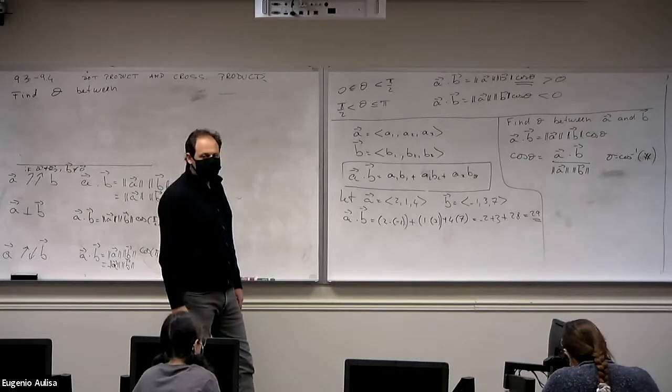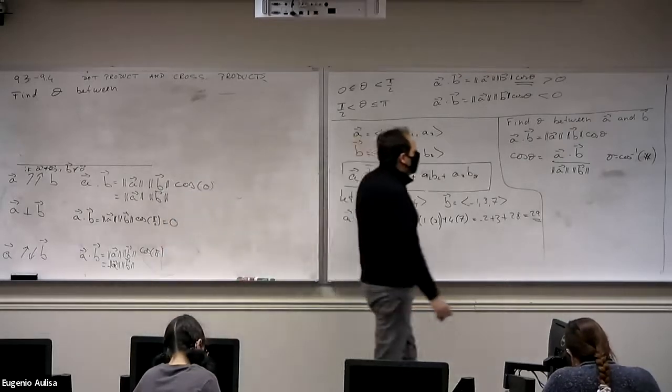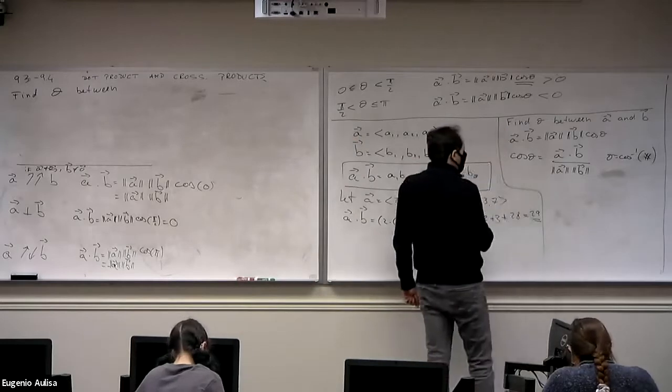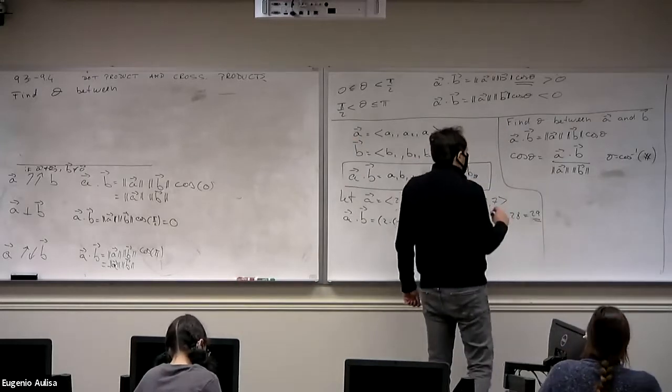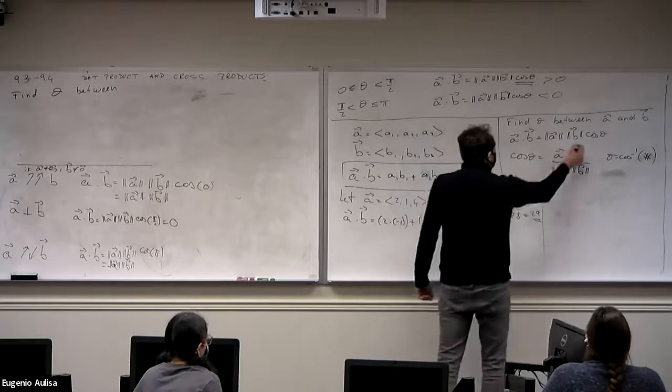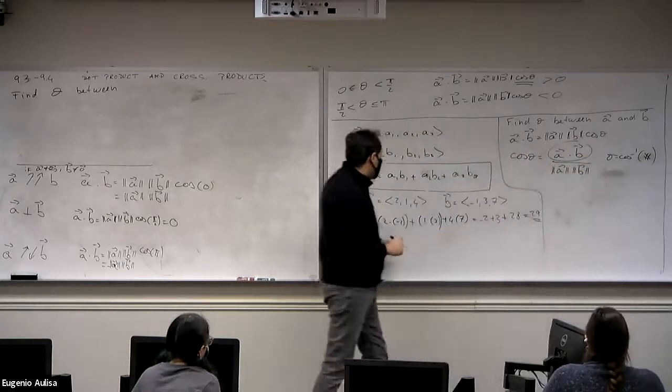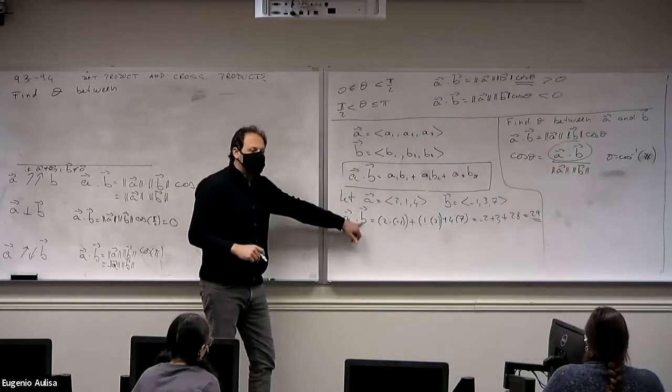Make sense? So we already evaluated the dot product A dot B is 29.